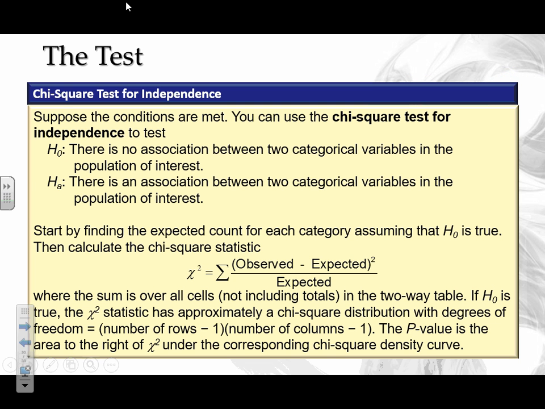Since our data is organized into a two-way table, we calculate degrees of freedom in the exact same manner: number of rows minus 1 times number of columns minus 1. And just like every other chi-square test, the p-value is always the area to the right. That's why the lower bound is always the chi-square and the upper bound is always 1e to the 99. We're always going to the right with our positive values.